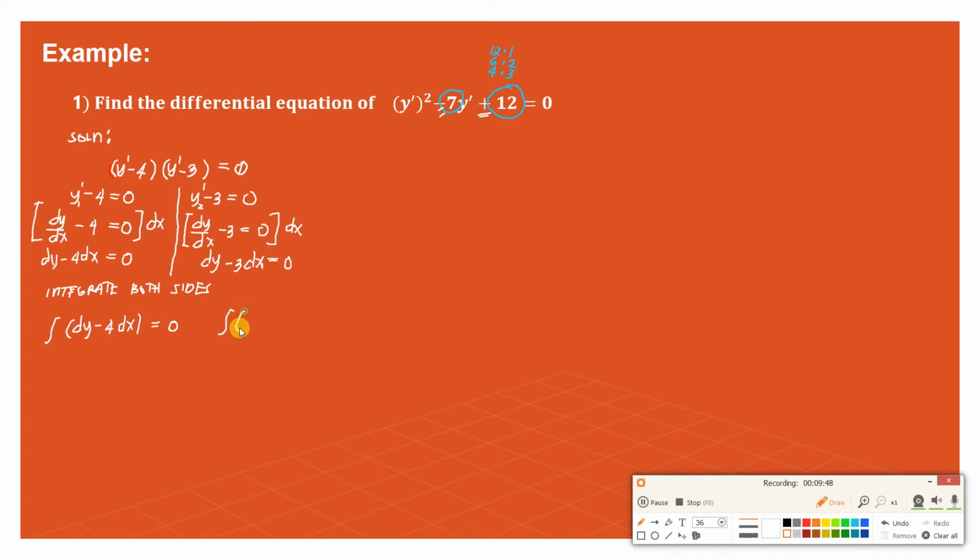Pag in-integrate ko yung pangalawa naman, si dy minus 3 dx, integrate kasi 0 is still 0. And separate integral of dy minus integral of 4dx, which is equals to 0. Integral of dy minus integral of 3dx equals to 0.